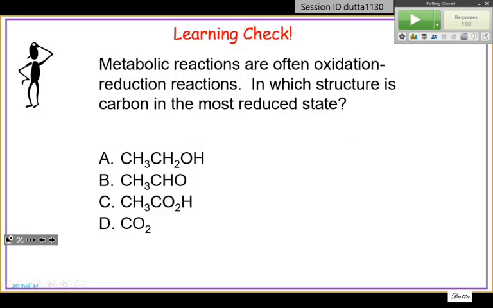So can you answer which one is the most reduced state in the 4 following molecules?